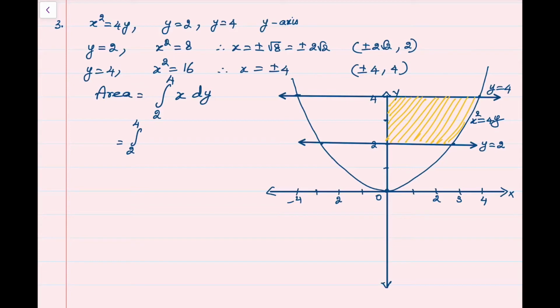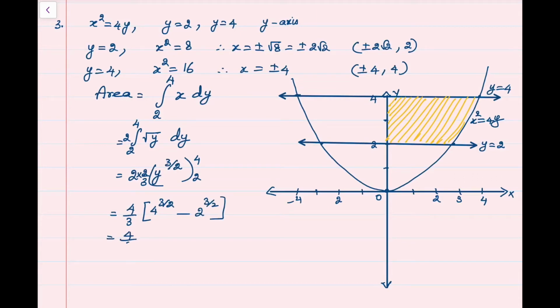Therefore, x will be 2 root y dy. So, 2 times y power half plus 1, which is 3 by 2, into 2 by 3, and the limits are 2 to 4. 4 divided by 3 times upper limit minus the lower limit.